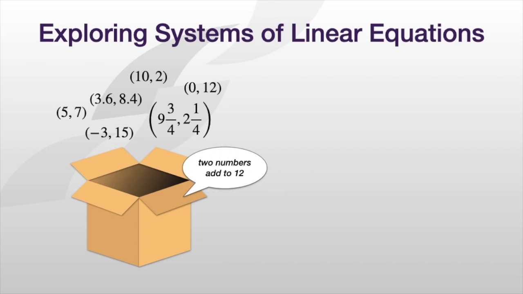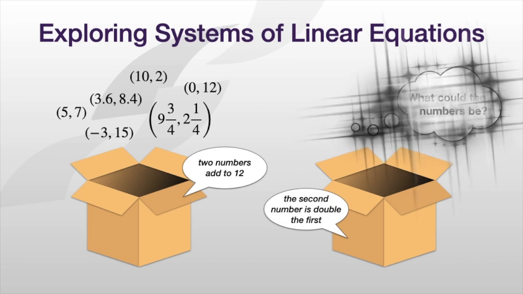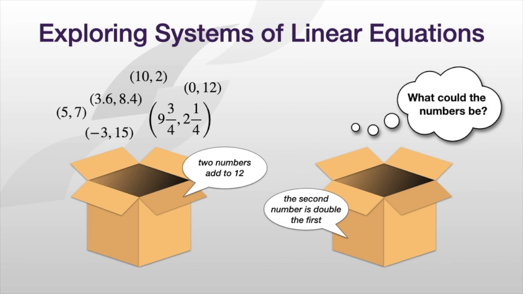Let's consider a second different relationship. The second number is double the first. What could the numbers be? Again, take a moment to think about pairs of numbers that make this statement true.